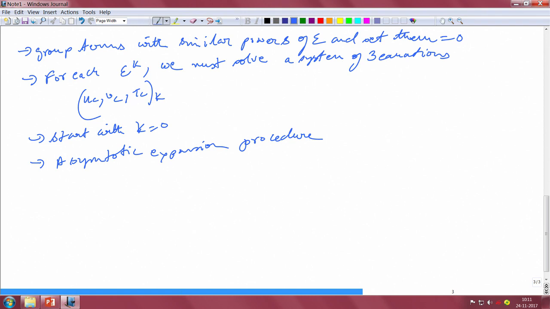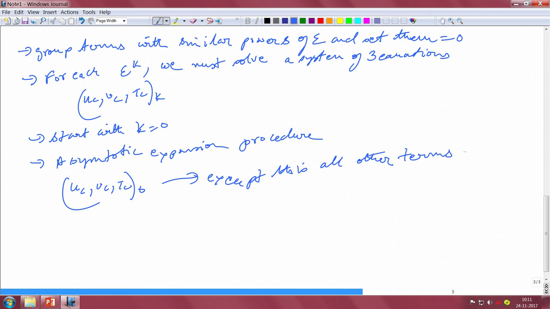Based on this, after we solve, we find that except for u_c, v_c, T_c 0, all other terms with power k have the same analytical form. Got it?